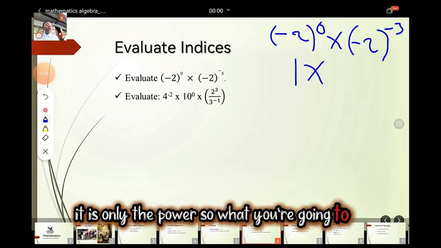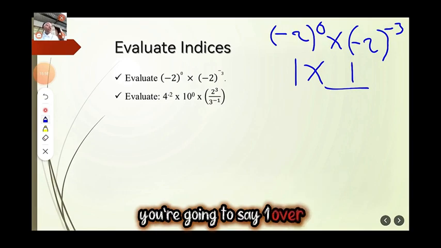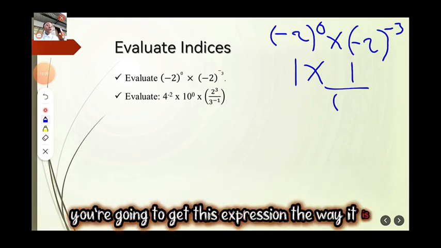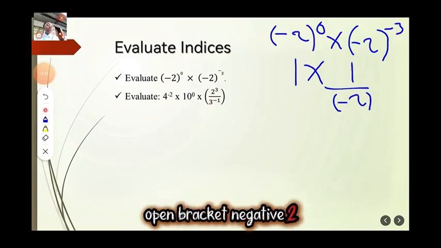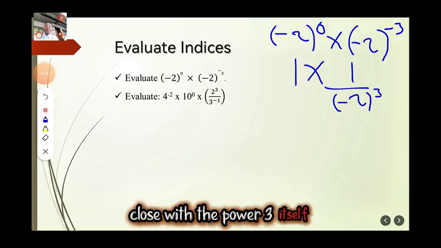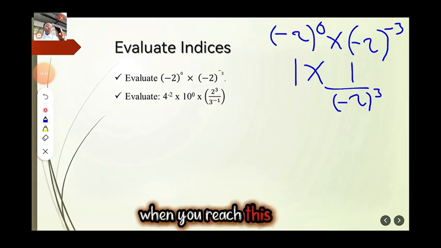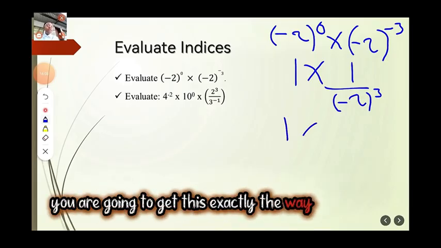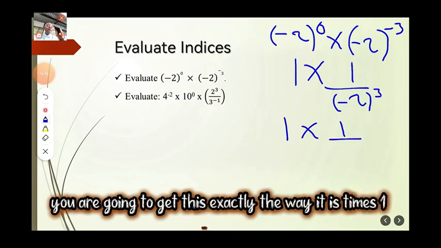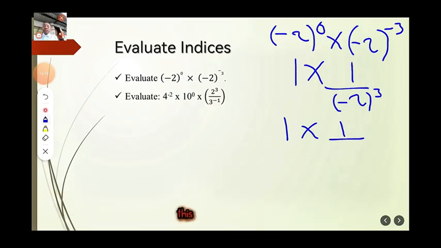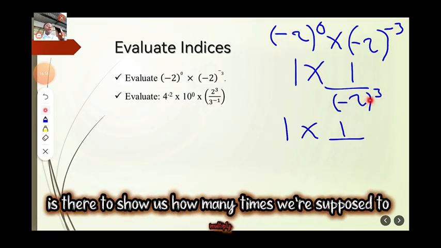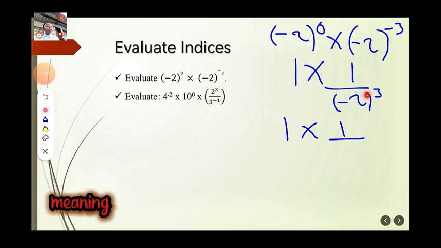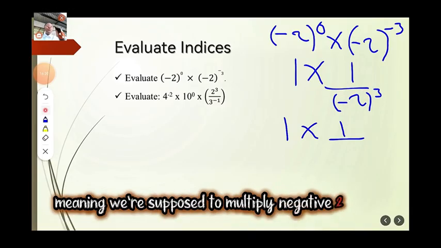So what you are going to do is say 1 over. You are going to get this expression the way it is, open brackets negative 2 close with the power 3 itself. Times 1 over. Here, this power is there to show us how many times we're supposed to multiply what is in the bracket. Meaning we're supposed to multiply negative 2 three times.